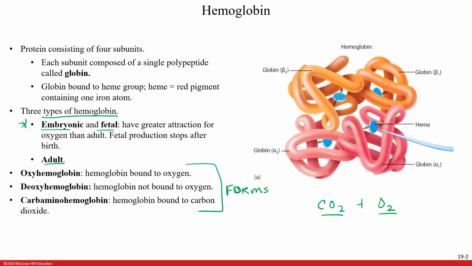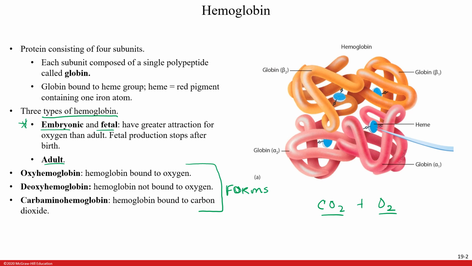Once it forms a deoxyhemoglobin molecule, it is then able to pick up carbon dioxide, and it will become a carbaminohemoglobin molecule. And then that red blood cell will go back to the lungs through the heart, as we already know, where that carbaminohemoglobin molecule will release the carbon dioxide and pick up more oxygen, becoming an oxyhemoglobin molecule again.